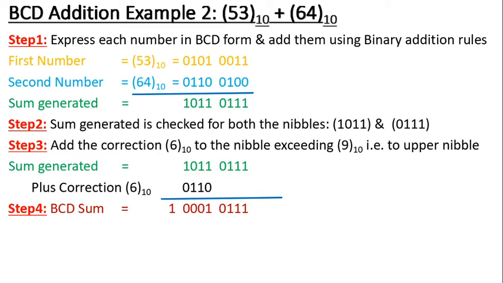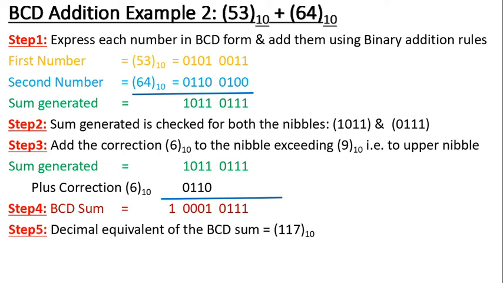It means that the addition of the two BCD numbers 53 and 64 has generated a BCD sum of 3 decimal digits, and their equivalent is written in step number 5. The decimal equivalent of the BCD sum in step number 4 is 1 for the MSB nibble, that carry which was generated, then the next nibble 0001 is equal to 1, and the lower nibble is equal to 7.